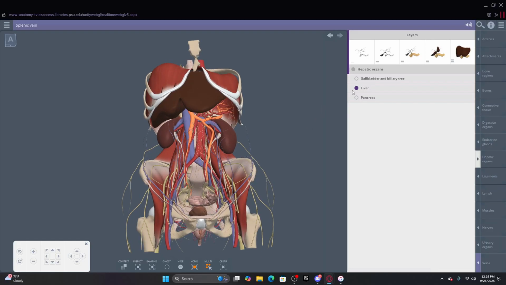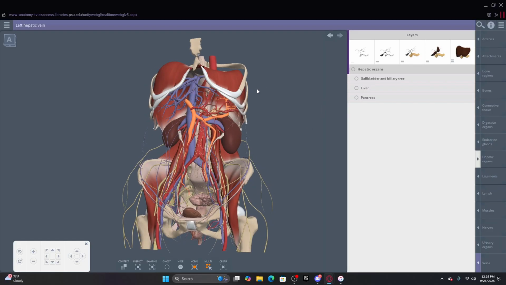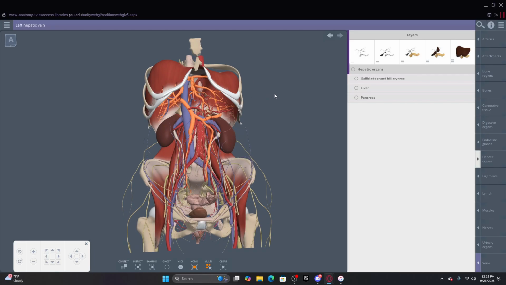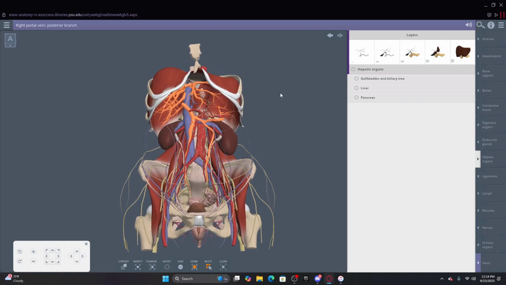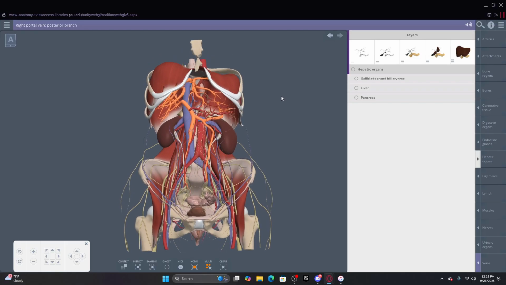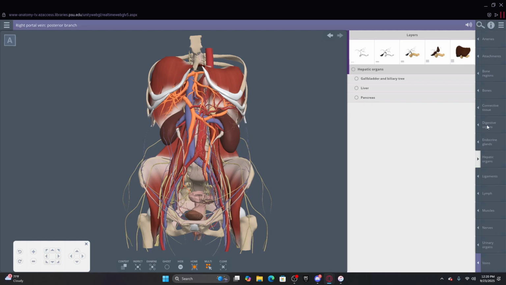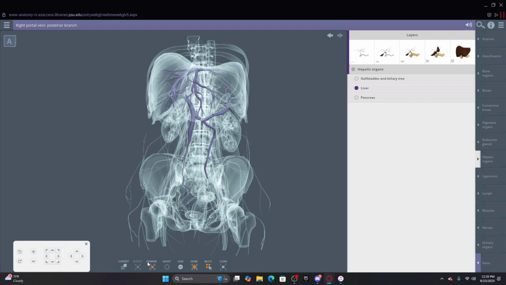But the one thing I want you to understand, before I even press liver, is to just select the hepatic veins. I want you to understand what's going on. Okay, now if I press the liver, I press examine.